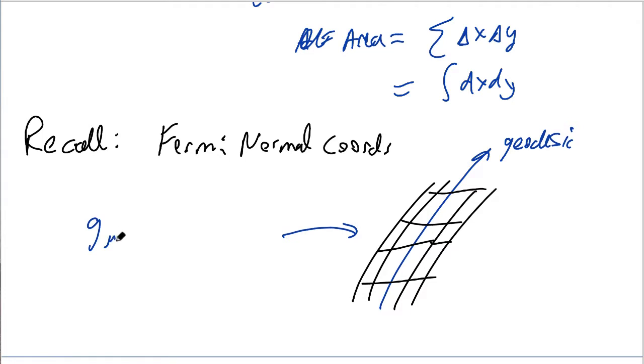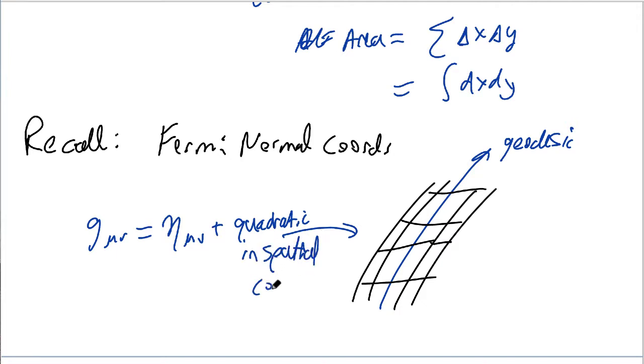So g_{mu nu} has the form of eta_{mu nu}, the flat metric in Minkowski coordinates, plus quadratic corrections, terms that are quadratic in the spatial coordinates. So in particular, along the world line, these terms are equal to 0.